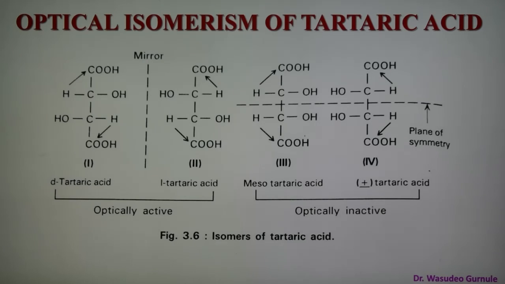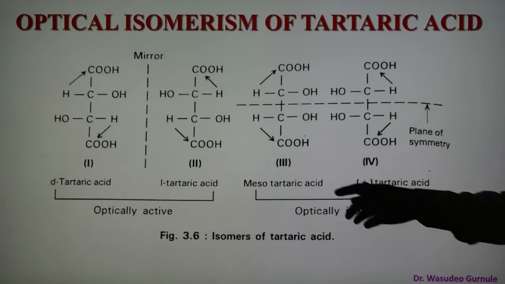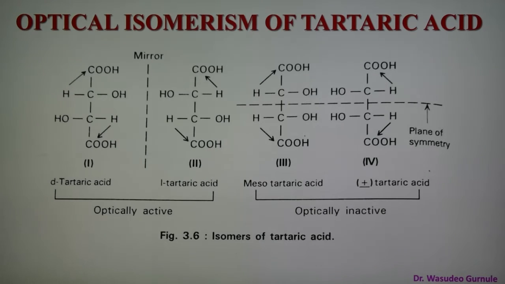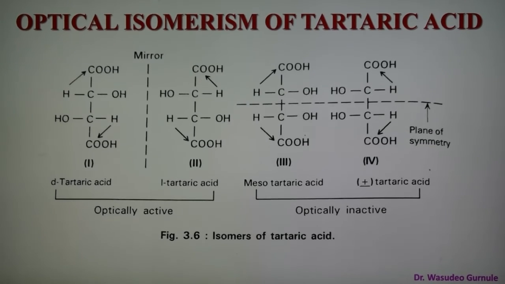So these are some properties, and these are the isomers of tartaric acid: dextrotartaric acid, L-tartaric acid, mesotartaric acid, and the DL equimolar mixture, the racemic mixture, which contains equal molecules of D and L tartaric acid. So four isomers of tartaric acid are there, known as optical isomers.